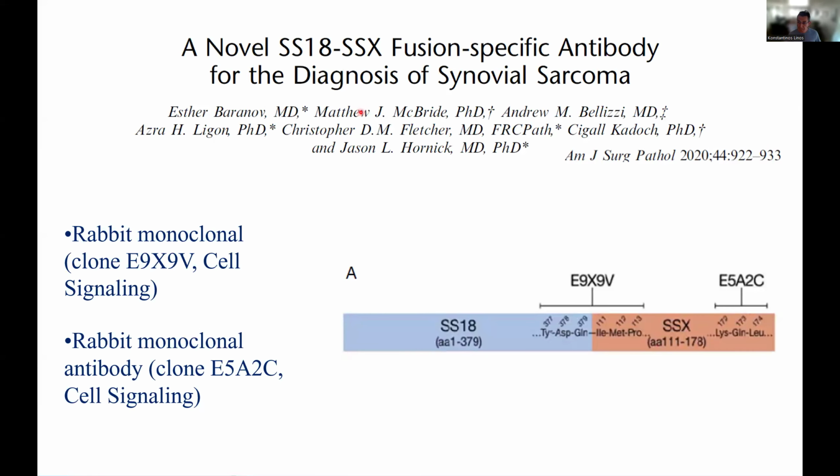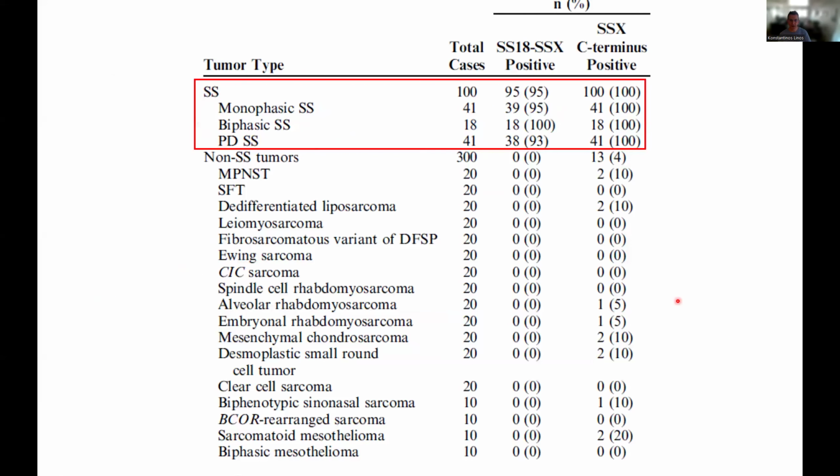So based on that knowledge, the new generation of immunohistochemistry, the development and characterization, we developed 2 novel antibodies. One, the E9X9V, a rabbit monoclonal antibody targeting the SS18-SSX fusion breakpoint, and then a rabbit monoclonal antibody, the E5A2C, which is an SSX specific antibody.